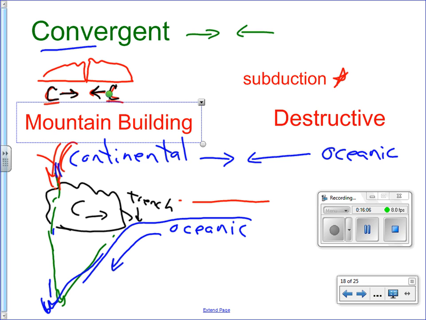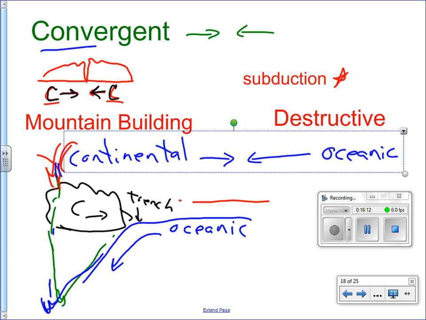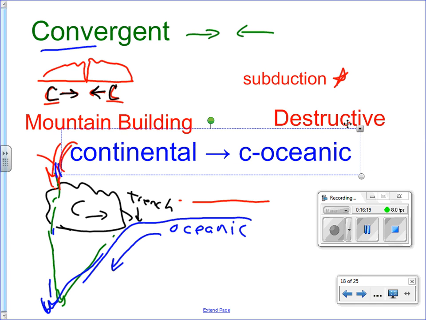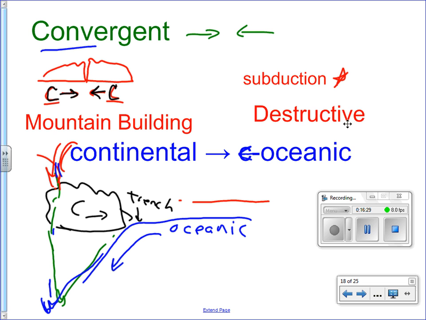Then, probably the most interesting boundary is when you have a continental piece of crust crashing into an oceanic piece of crust. And so this, of course, is supposed to be an arrow here. But continental crashing into oceanic, what happens here, it's a destructive boundary. We call it subduction. You can remember that.